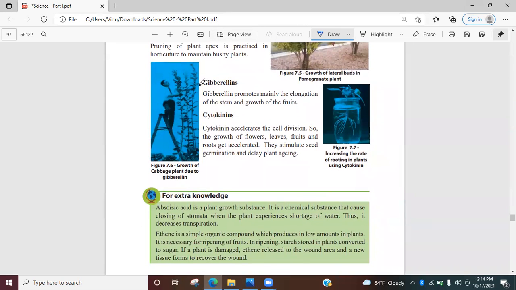Our next plant growth substance, gibberellins. Gibberellin promotes mainly the elongation of the stem and growth of the fruits.